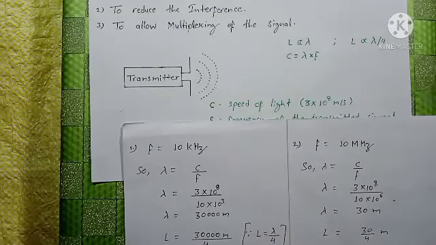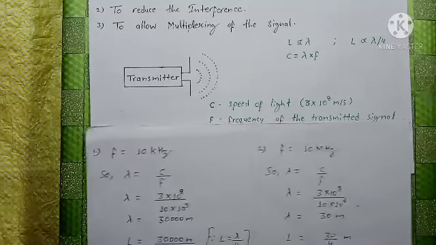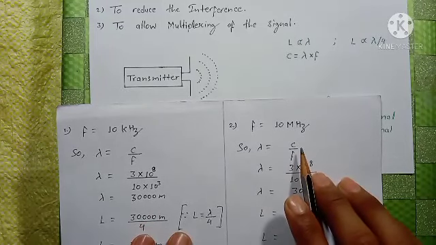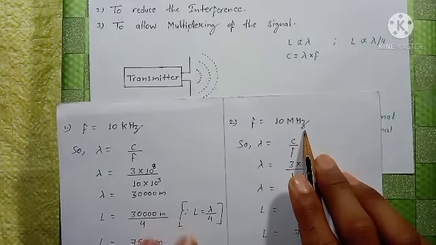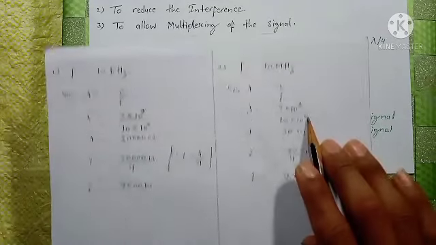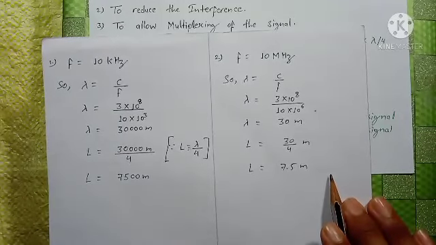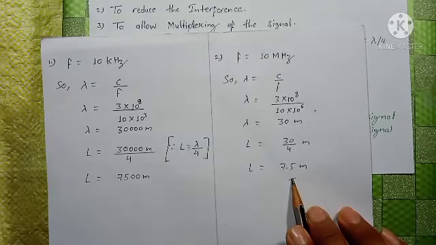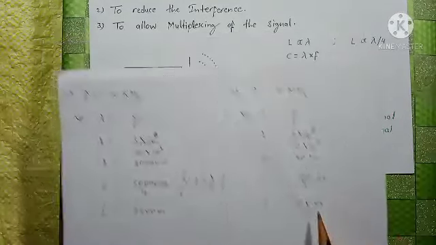If the size of the antenna is a quarter of the wavelength, then the antenna length will come around 7500 meters, and we know that this size is impractical, right? But on the other hand, if the signal is transmitted at, let's say, 10 megahertz, then the length of the antenna will reduce by a factor of 1000. That means in this case the length of the antenna will be 7.5 meters, and this size of antenna is manageable. So that is one of the reasons for modulation.